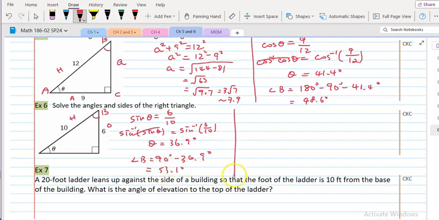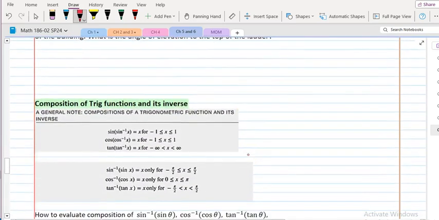So I solved the other angle, and then with this missing side, let's say this is B, we will have B squared plus 6 squared equal to 10 squared. B squared would equal 10 squared minus 6 squared, so B equals square root of 100 minus 36, which is 64. Square root, that's equal to 8. We solved all the sides of a right triangle.